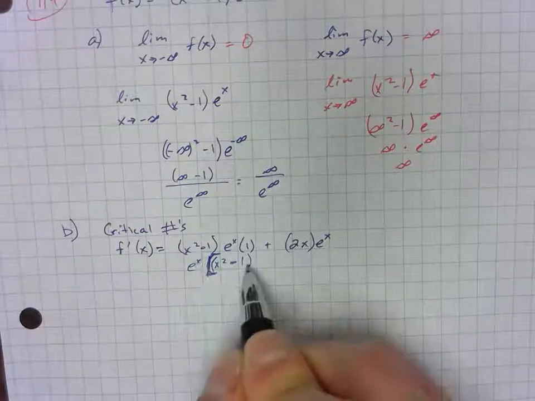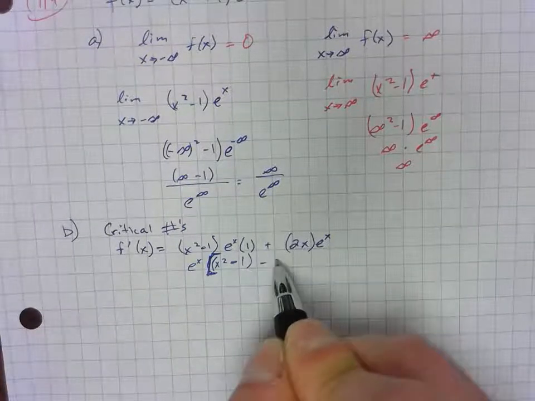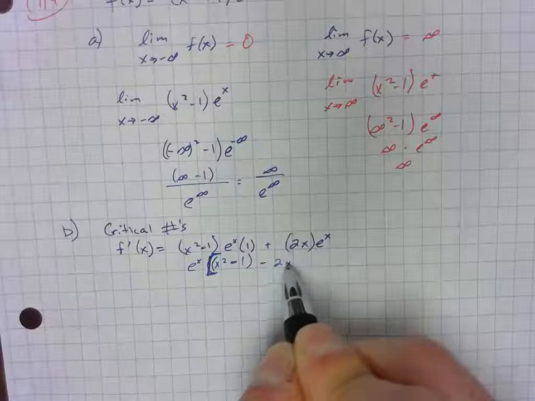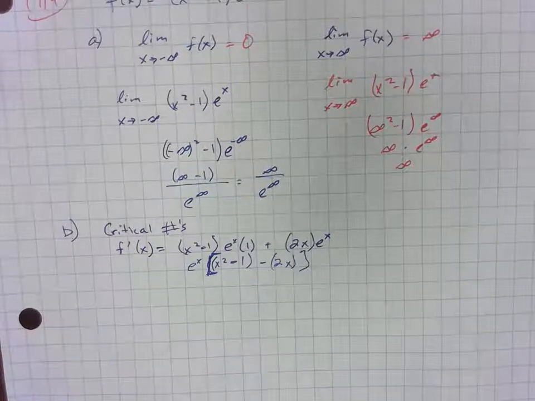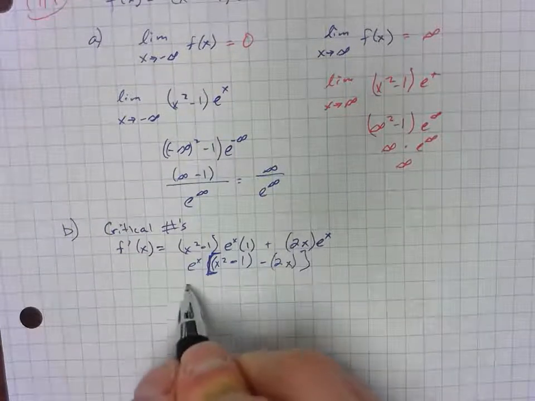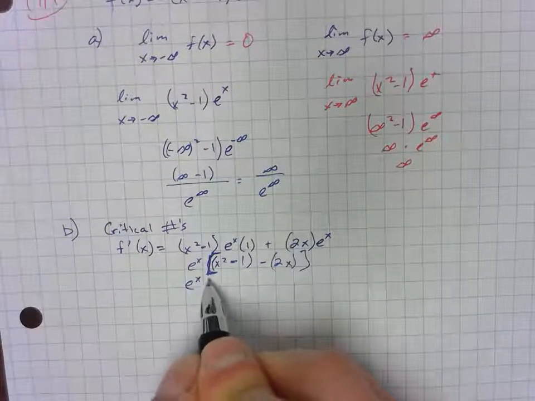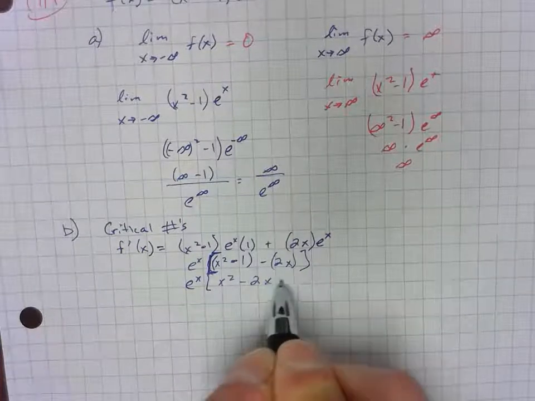So that's what's left from the first term, minus from the second term we have just 2x, not 2 to the x. And then simplifying this in here, we get that it's e to the x times x squared minus 2x minus 1.